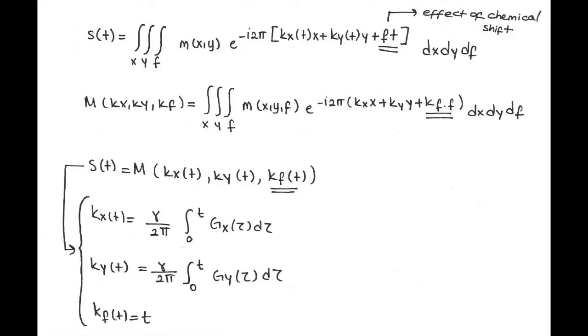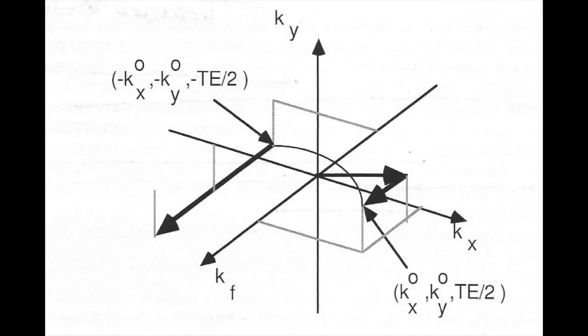In that way, our signal will become like this, where k_f equals t. So k_f is our chemical shift's K-space representation.